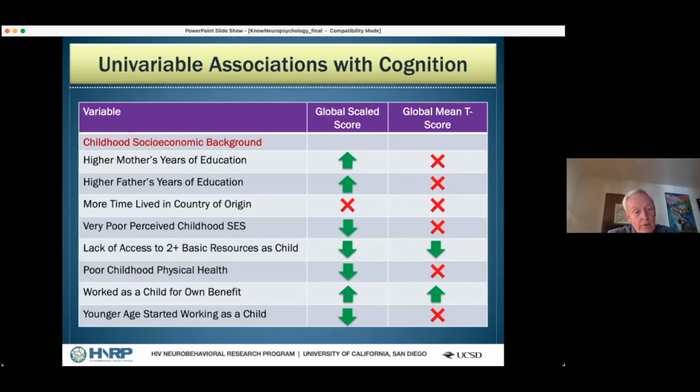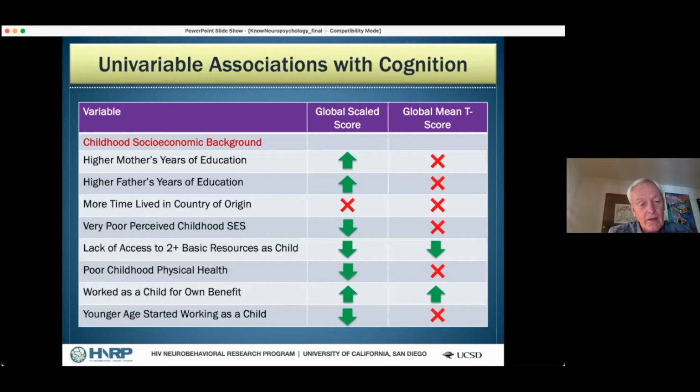We asked whether, in their opinion, they had poor physical health when they were growing up. Again, it was important for scaled scores, but not T-scores. Interesting. We asked if they worked outside the home for their own benefit, to better themselves, and that was associated with better performance on the scaled scores and even better T-scores.